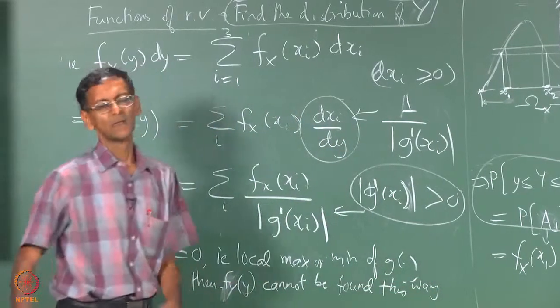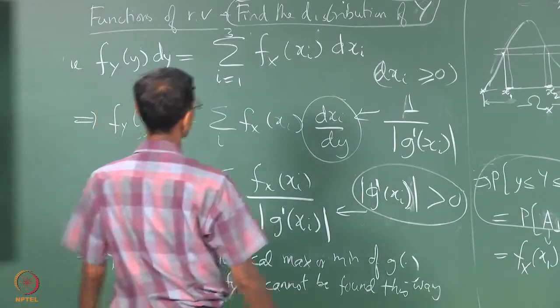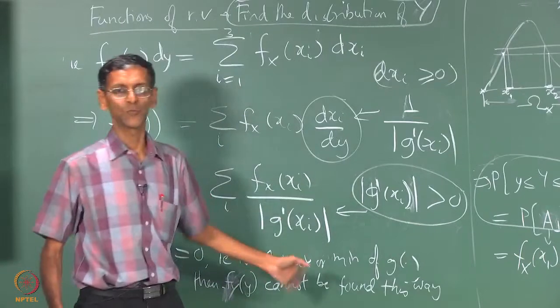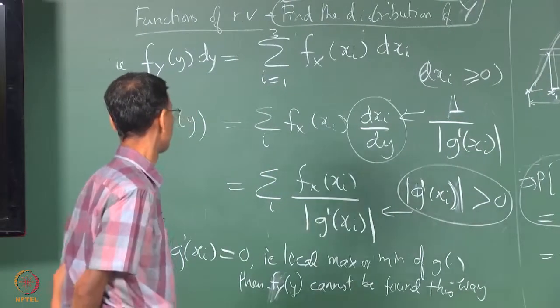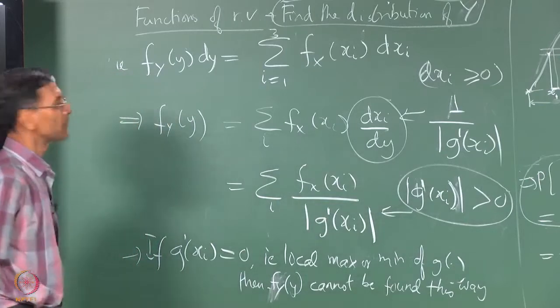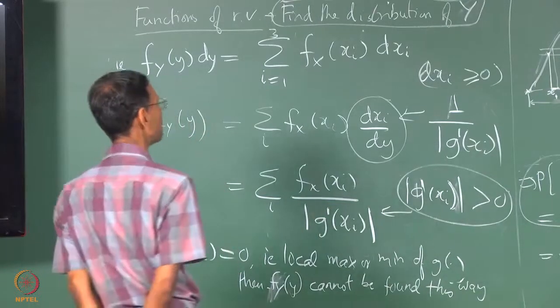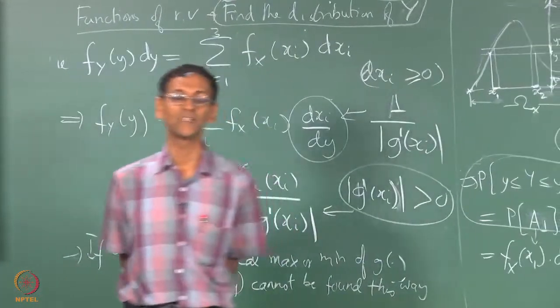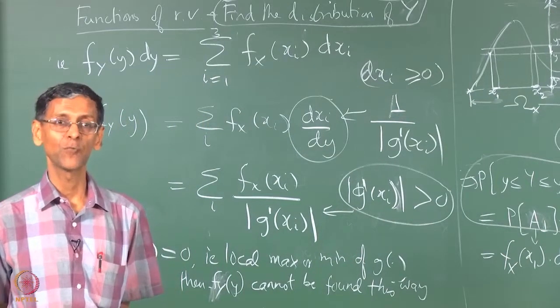Actually, it turns out in many situations this equation does not make sense, is what I am writing here. In many situations, it turns out that such local maxima and minima of g actually result in the density function going out to infinity, which we already have one example of.